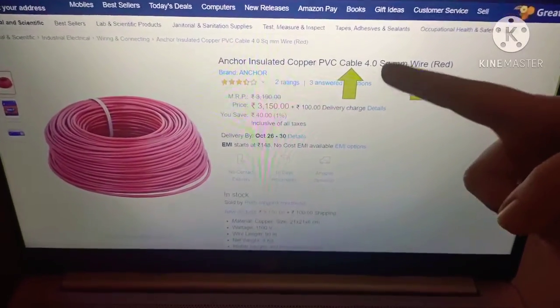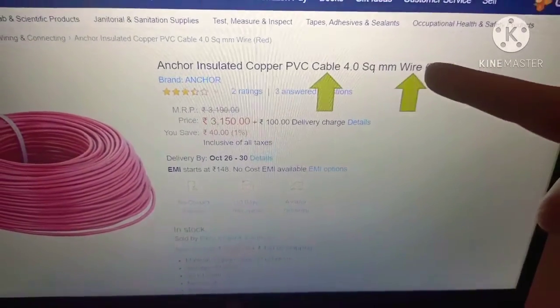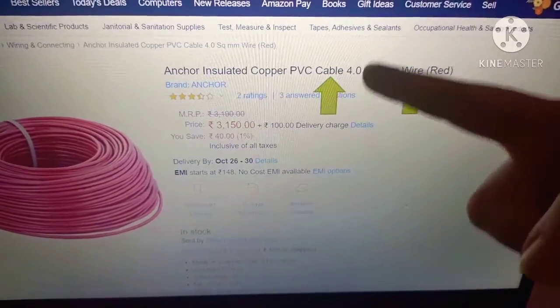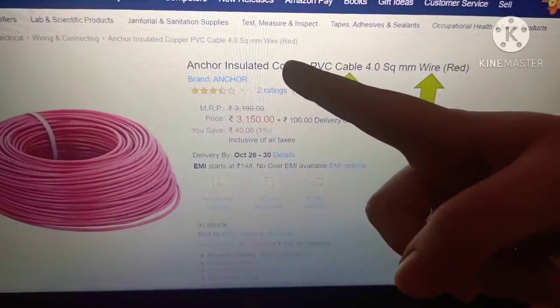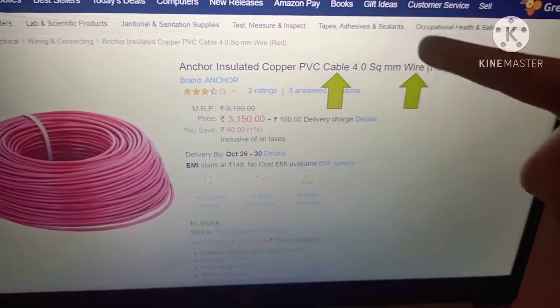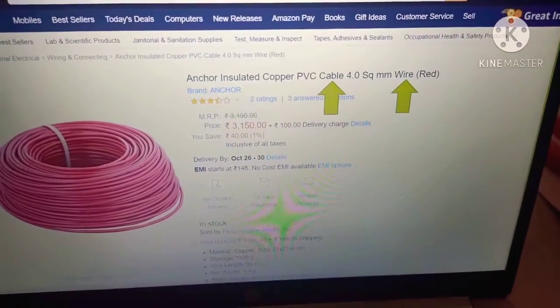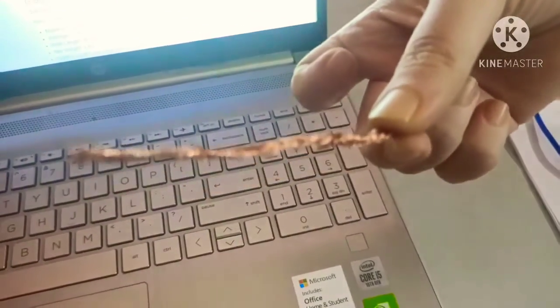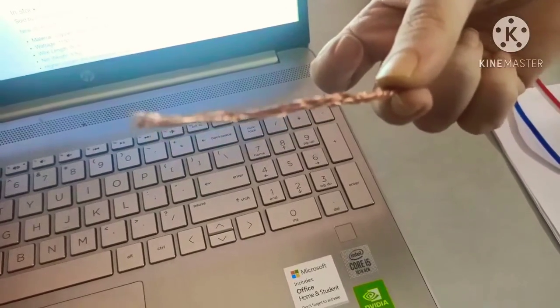Actually, they mean that the cable consists of 4 square mm wire. So this is a copper PVC cable, which consists of 4 square mm of wire. That is, the copper wire is inside this insulation.